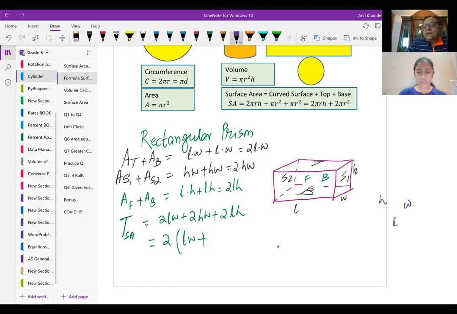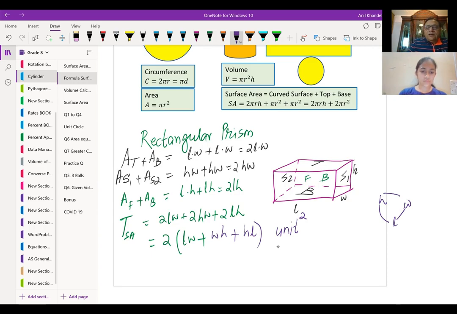So we can say length into width, width into height, height into length. Easy to remember, that's why I'm saying. But order does not matter. Always the unit will be the unit, whatever units are there, squared, because you're multiplying two quantities. So that becomes the surface area of a rectangular prism.